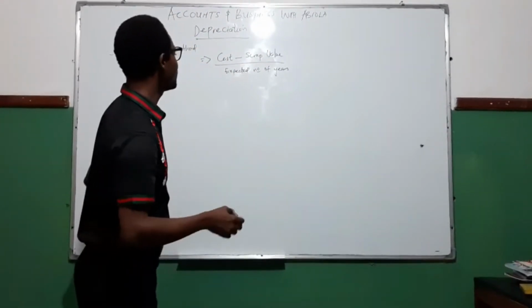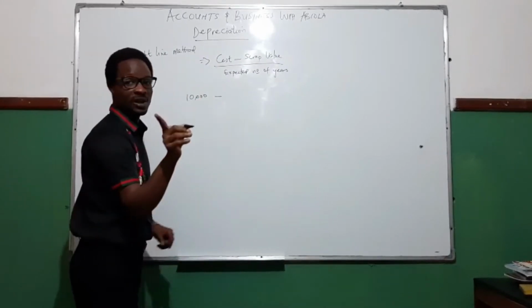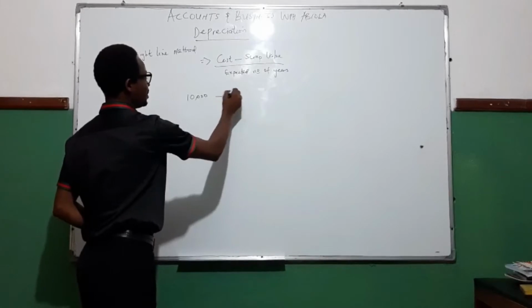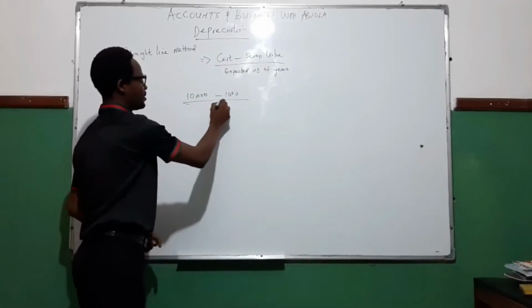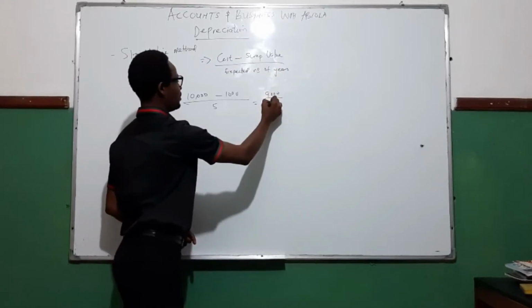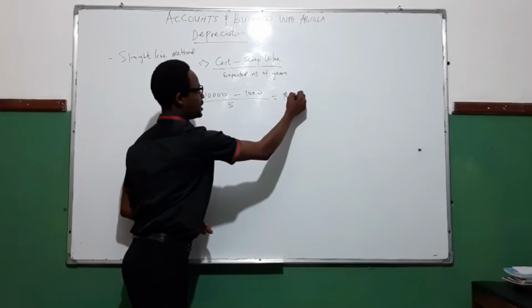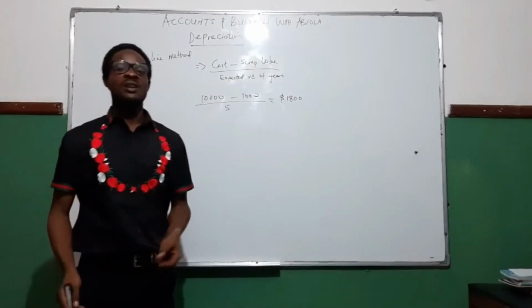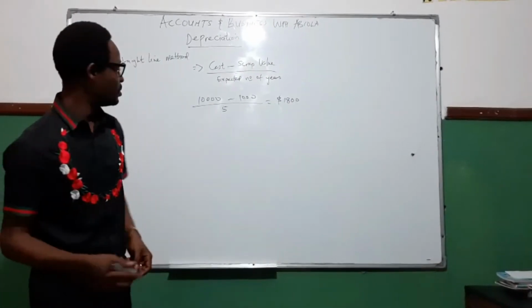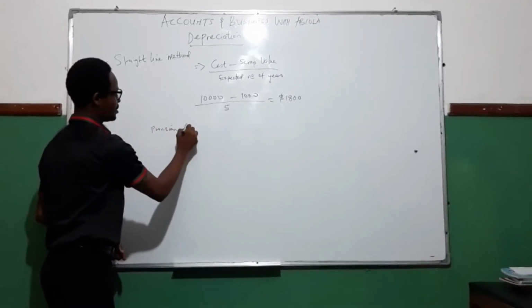The depreciation will be $10,000 minus the scrap value, $1,000, all over number of years, 5. This will give us 9,000 all over 5, which is $1,800.